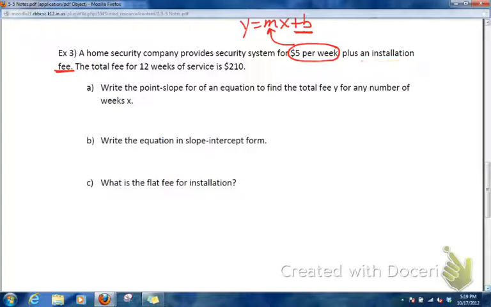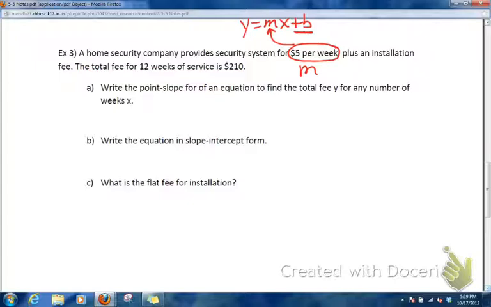Now, we are going to use the $5 per week as my m. I mean, that's not going to change. That still is m for slope. What you then need to recognize is that this here, the total fee for 12 weeks is $210. That's like giving you an X and a Y or an ordered pair.